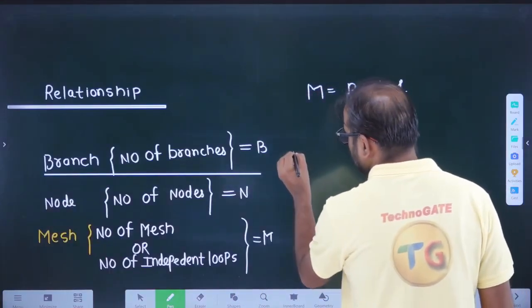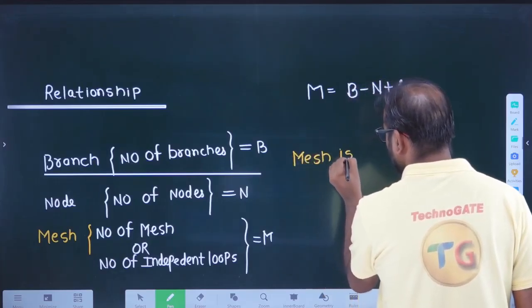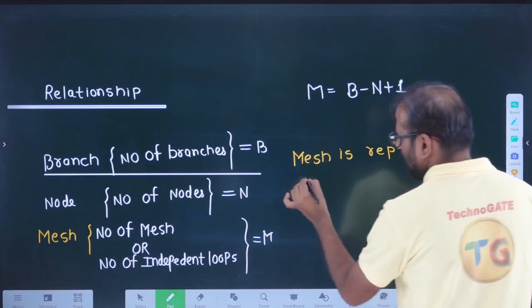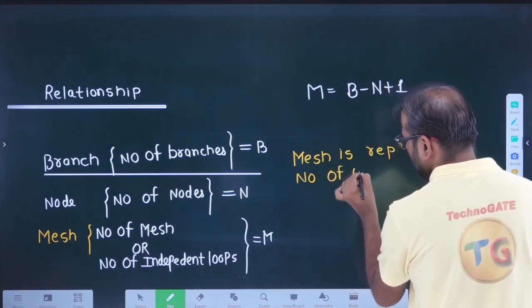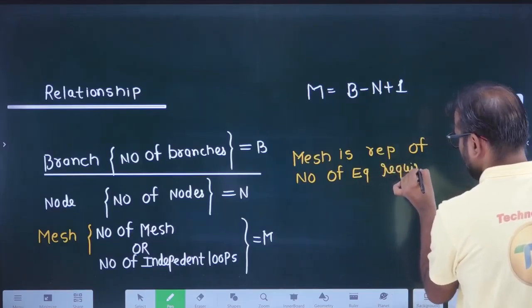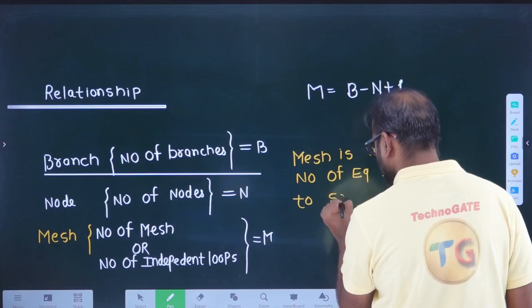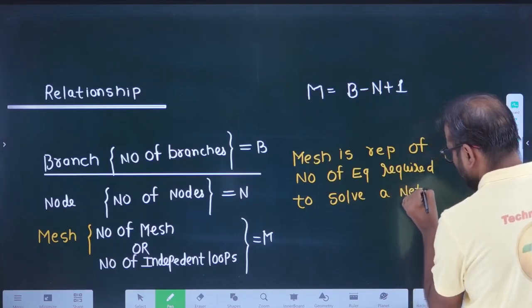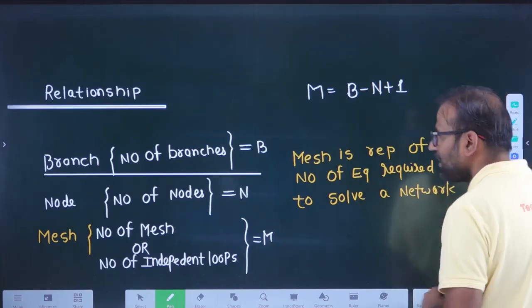Mesh is a representation of the number of equations required to solve a network. Number of equations required to solve a network is known as mesh.